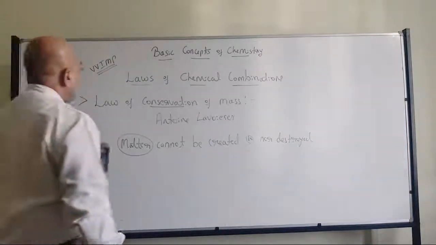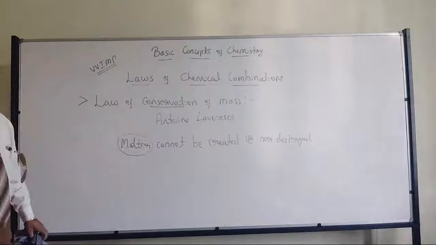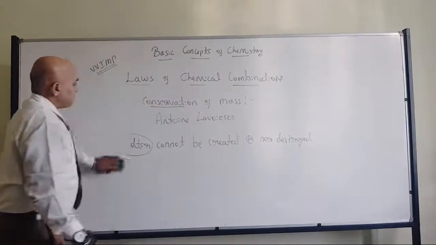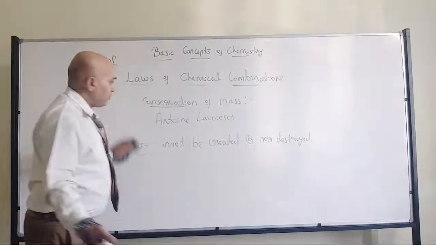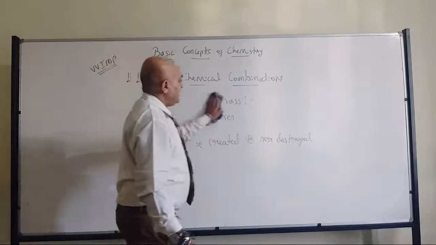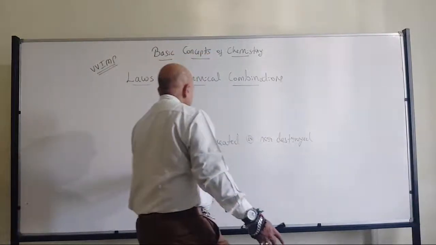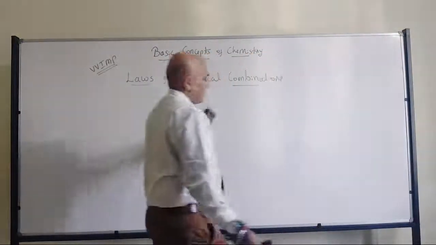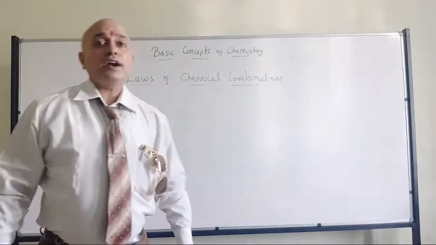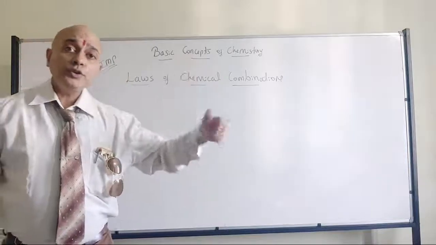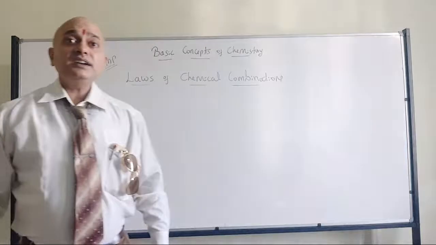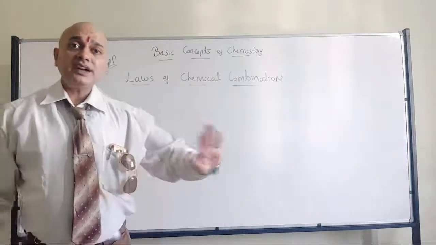So that's where we have the law of conservation of mass, where it tells that matter, that means sodium, we cannot create on our own. Carbon we cannot create on our own, right? So it cannot be created, it cannot be destroyed. Now, when I am talking about a nuclear fusion or fission reaction, that is a different story.